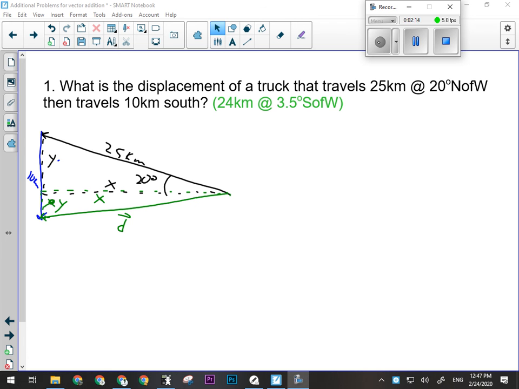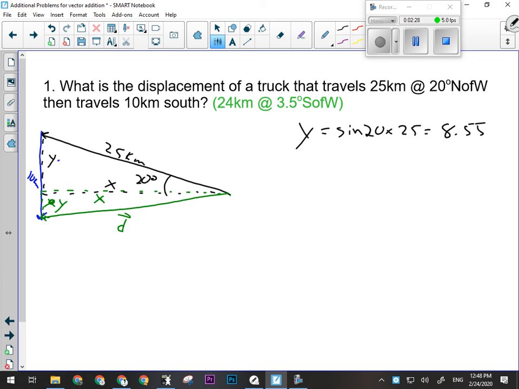Okay, so for the rest of number 1, the calculations are going to go as follows. We calculated y already. It was the sine of 20 times 25, which gave us like 8.55 kilometers, and that was north.